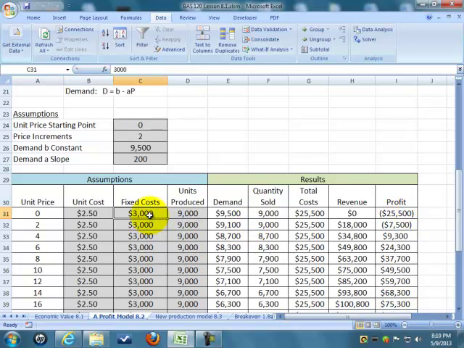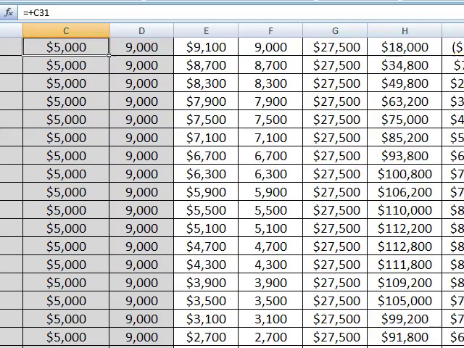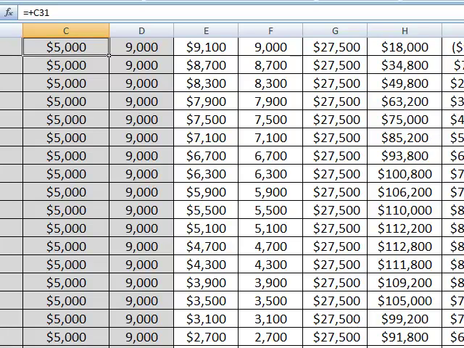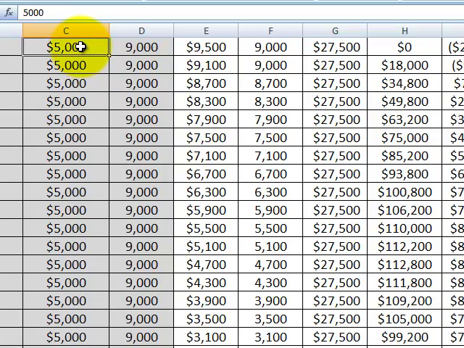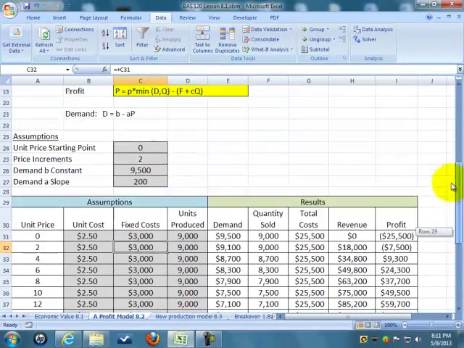For example, if our fixed costs go way up, now we're not going to make nearly as much, and notice that a lot of things are going to change. Change it back to 3,000. And there you go.